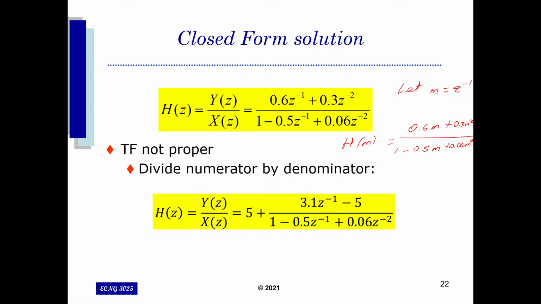And because the degree of the numerator, m squared, is the same as the degree of the denominator, m squared, we cannot perform partial fractions. So we need to long divide until we satisfy this condition, and the remainder in the long division. If we long divide this equation once, we can get the equation as it is here.